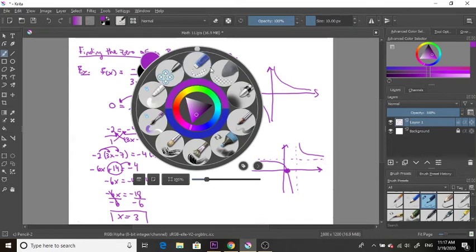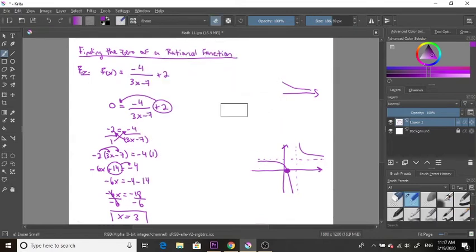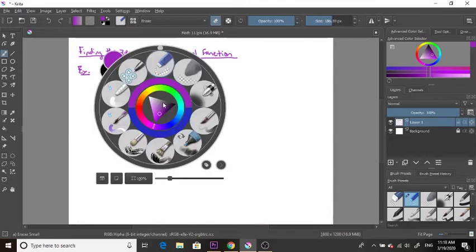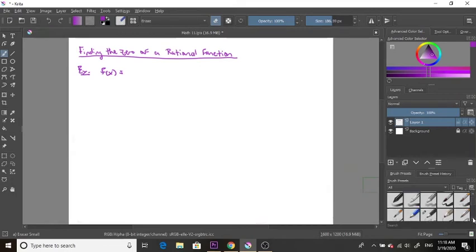So let's take a look at another example. Let's say that we have the function negative 10 over negative x plus 3, plus 5.